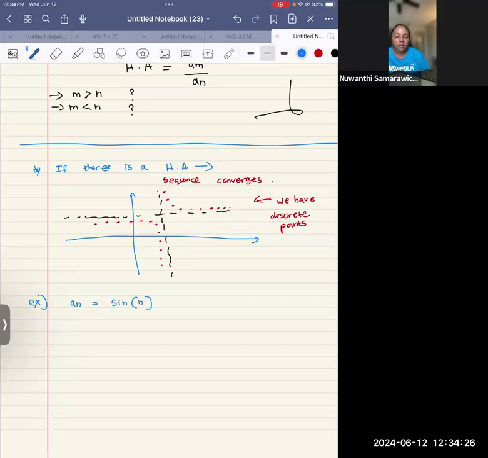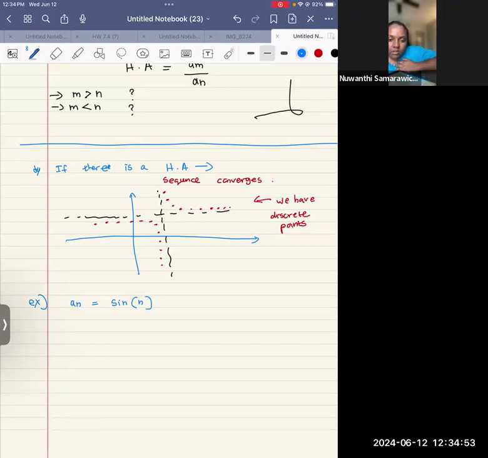What is the graph of a sine curve? Just draw the graph and let's check. Kyla said diverge. Yes, diverges.